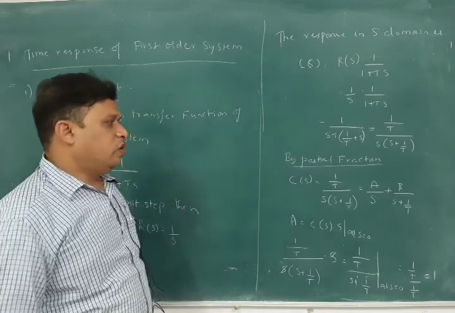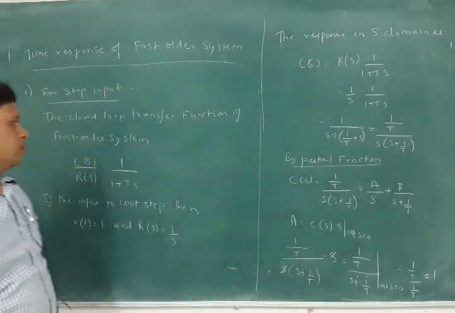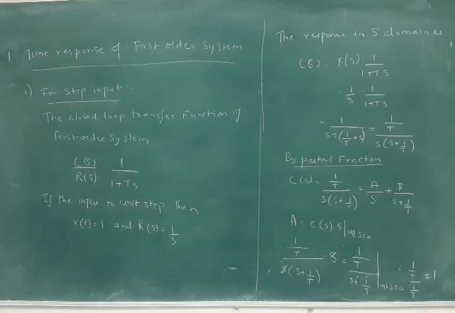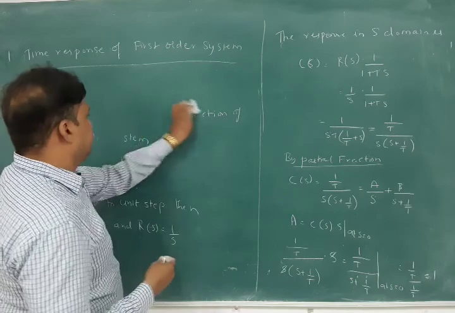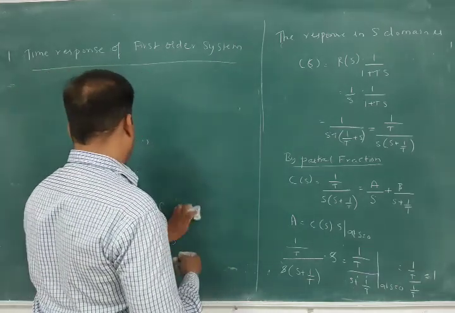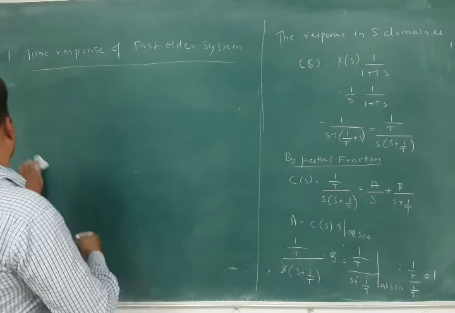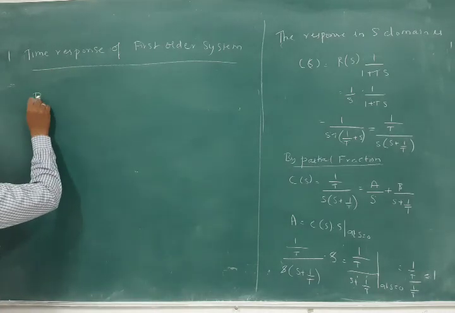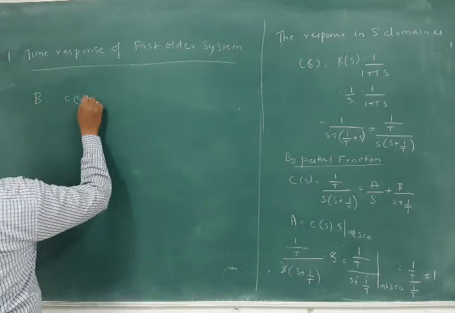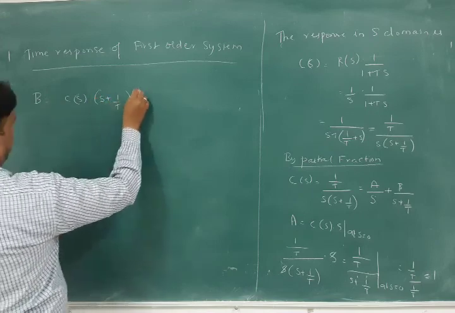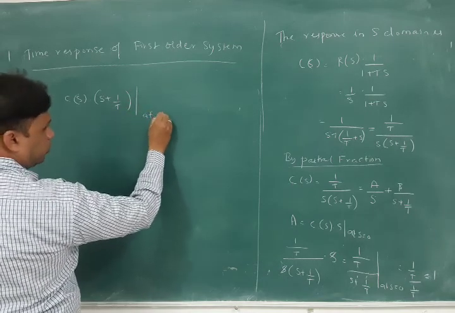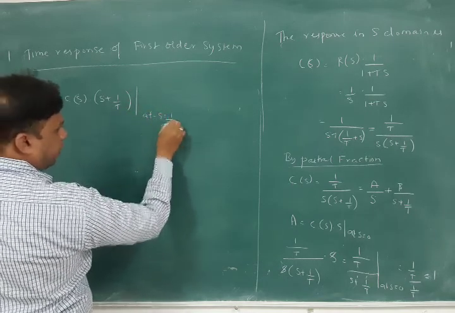Similarly, you have to find out the value of b also. So b is equal to C of s into s plus 1 by t at s equal to minus 1 by t.